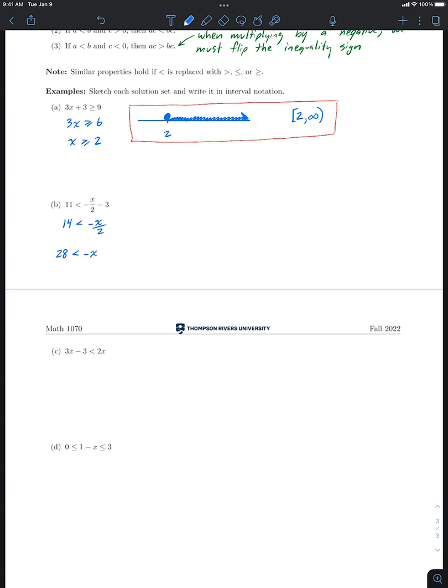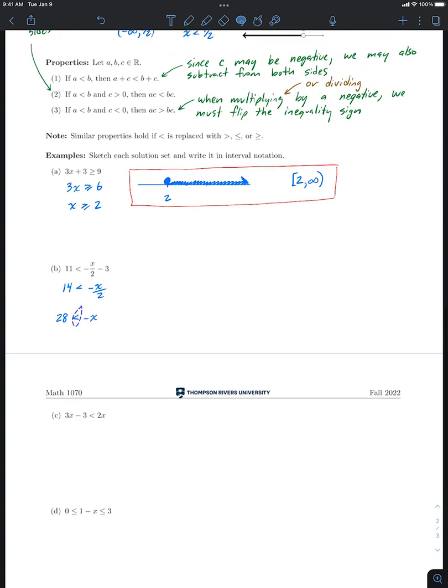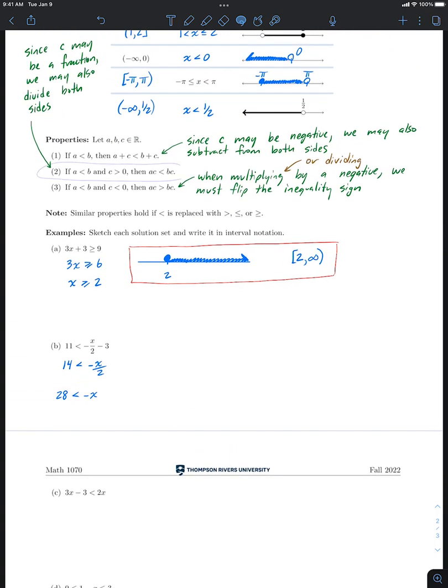We almost have x by itself, except it's a negative x. We want just x by itself without the negative sign in front of it. And by the way, notice that I didn't change that inequality sign. It was less than here and it's less than here. The reason is we multiplied both sides of that inequality by 2, which is a positive number. So that's property 2, which says that if you multiply by a positive, you do not change the sign.